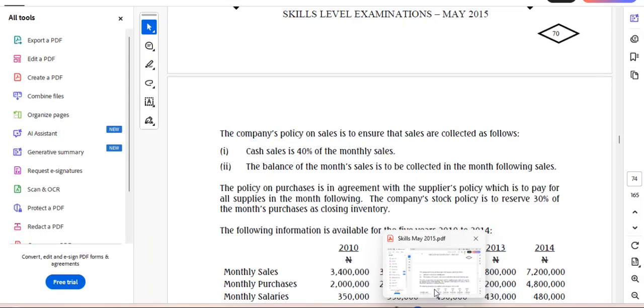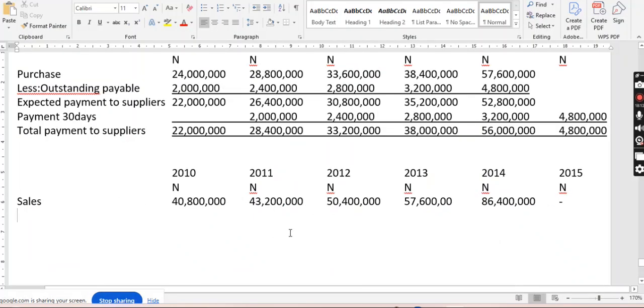Cash sales is 40% of the monthly sales. And don't forget, your monthly sales is inclusive here. Is that not so? Hello, class, your monthly sales is inclusive here. Yes, sir. Okay, so we can do it this way, and I have another method.